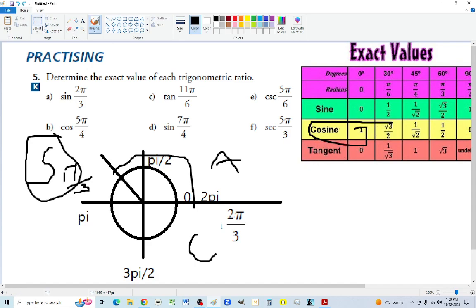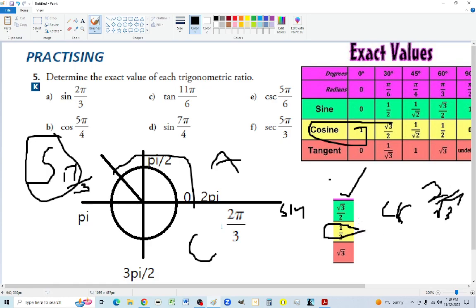So here are the exact values. For sine, it's this, positive. And for cosecant, it's the flip, 2 over square root of 3.